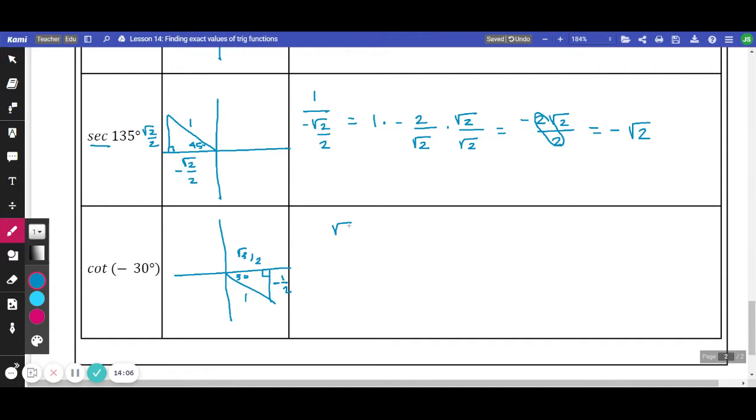Cotangent is adjacent divided by opposite. So we keep the top and multiply by the reciprocal of the denominator. 2 divided by 2 is 1. So I get negative 1 root 3 divided by 1.